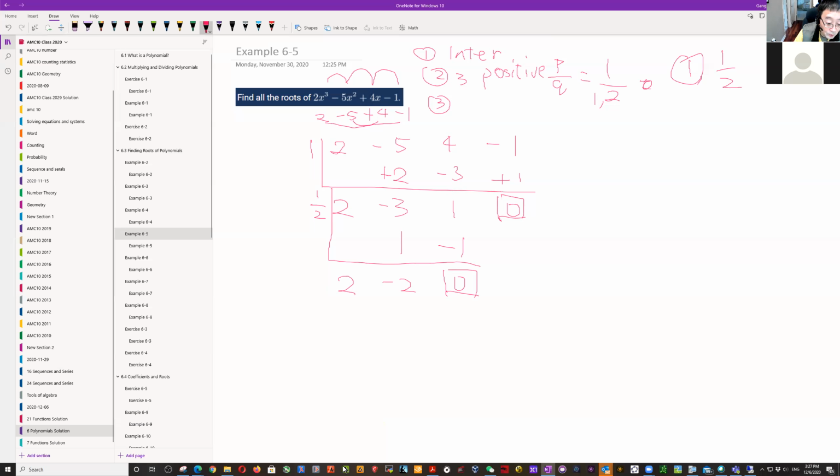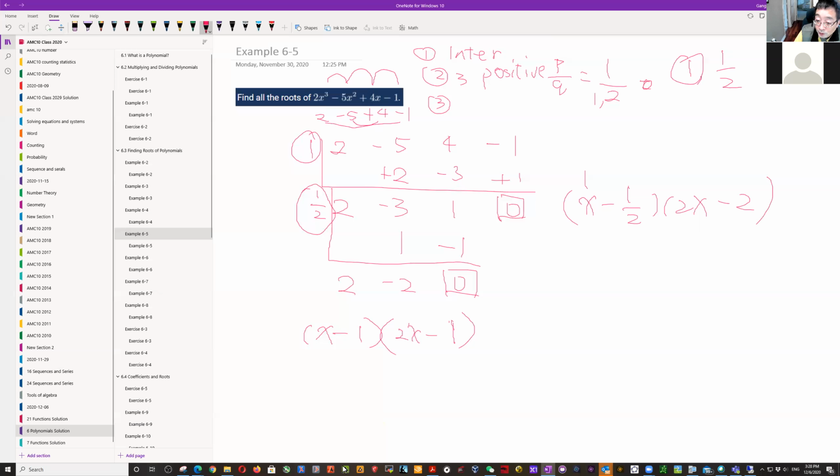So basically, this just means that this is x minus 1, and this one is x minus 1/2. You can multiply both numbers. So it's x minus 1/2 multiplied by 2x minus 2.